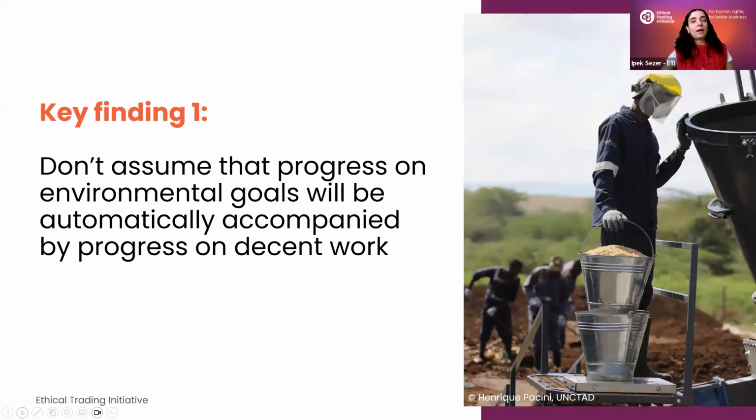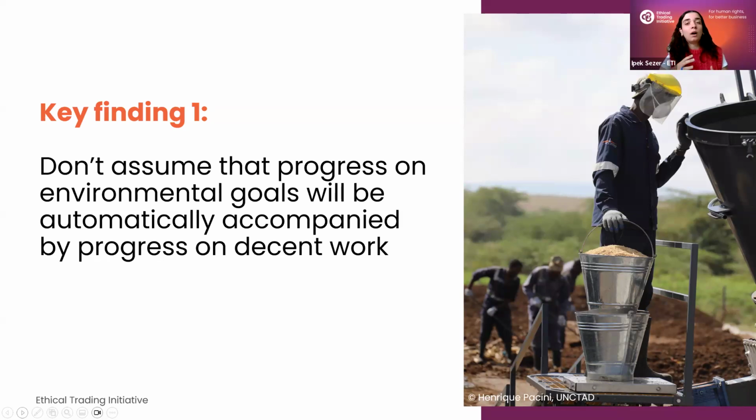One of the clear findings was that progress on environmental goals does not automatically lead to progress on decent work. Across many environmental and circular economy initiatives, workers can still experience unsafe working conditions, low pay, informal employment, gender inequality, and limited access to social protection.